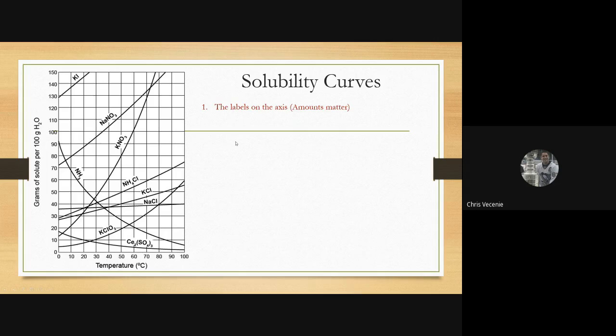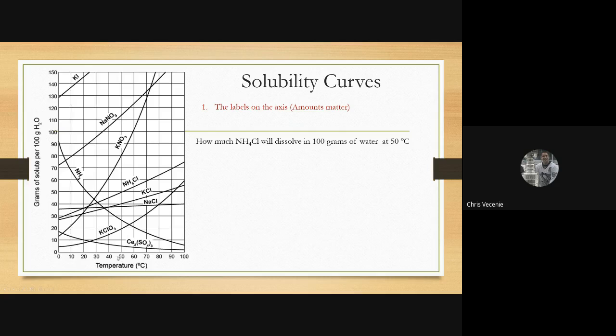So the question's set up like this. First, how much NH4Cl will dissolve in 100 grams of water at 50 degrees Celsius? The first thing I do is check, do we have the right amount of water? It said we had 100 grams, and this is 100 grams, so I can read my graph normally. Then I find my temperature, 50 degrees. I trace up at 50 till I hit the substance I care about, which is ammonium chloride, NH4Cl.